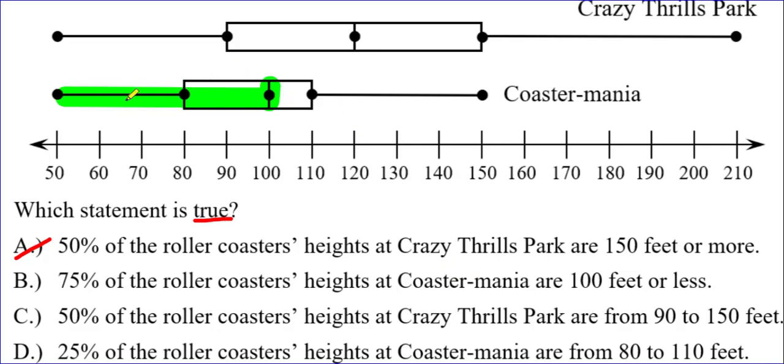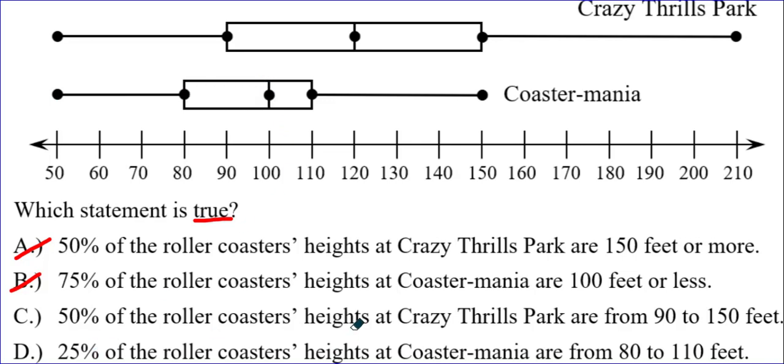That's two sections of 25%. Because from the lowest value up to the edge of the box, that's 25%. From the edge of the box to the dot in the middle, that's the next 25%. So that's 50%. And this is trying to say 75%. So goodbye, choice B.